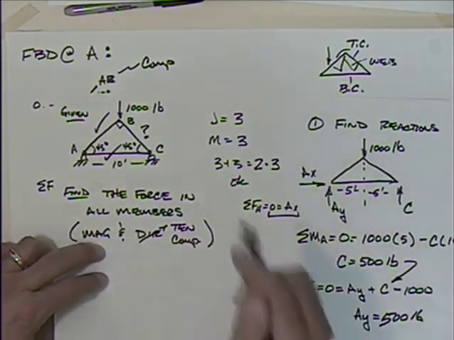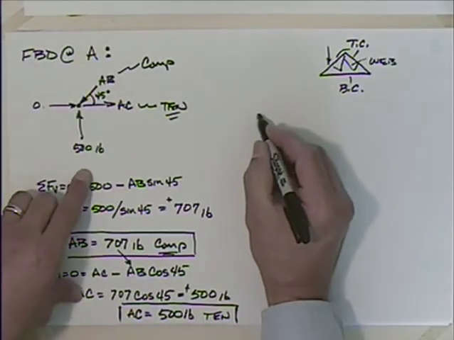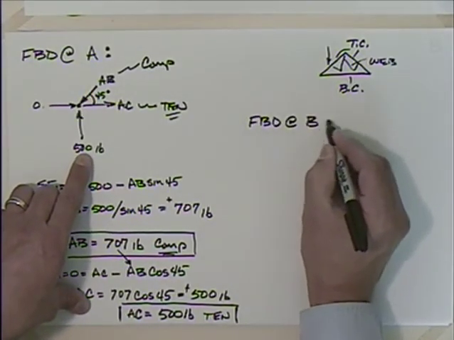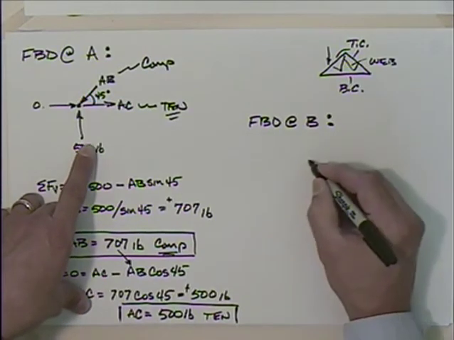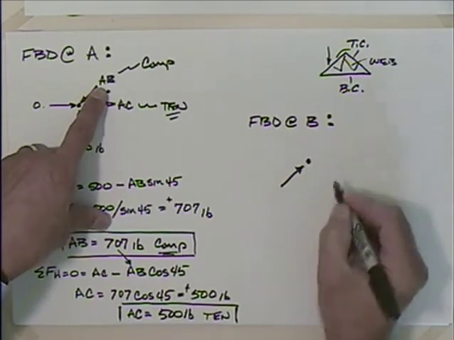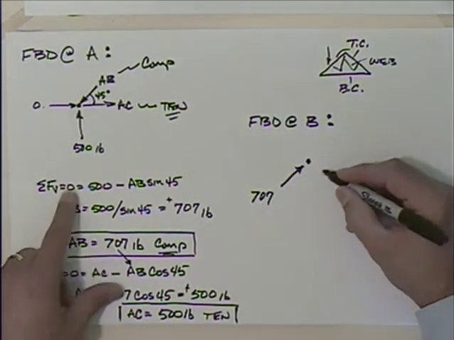And I could do that with a free body diagram either at C or one at B. Why don't I move up to B? So if I look then at a free body diagram at B, what's that going to look like? Well, I have AB. I'm going to draw that in compression because I know it's 707 pounds in compression.